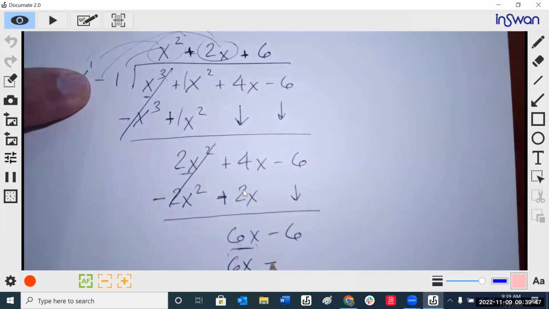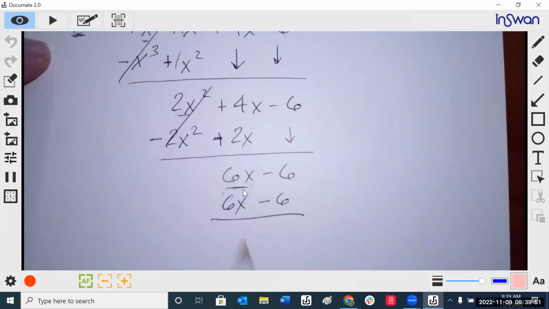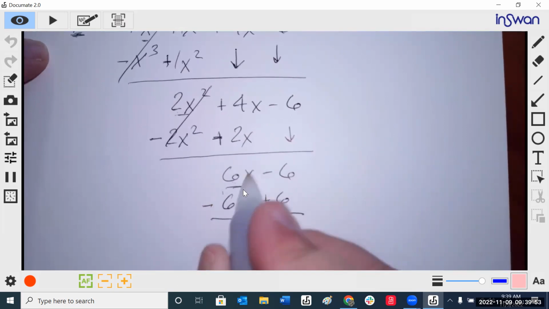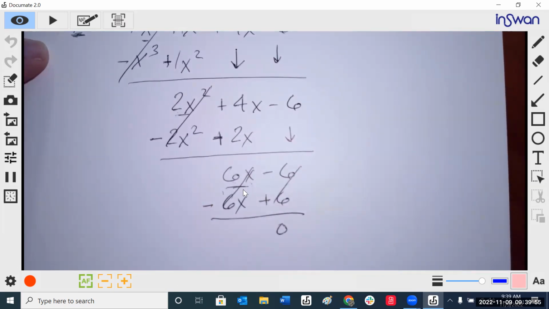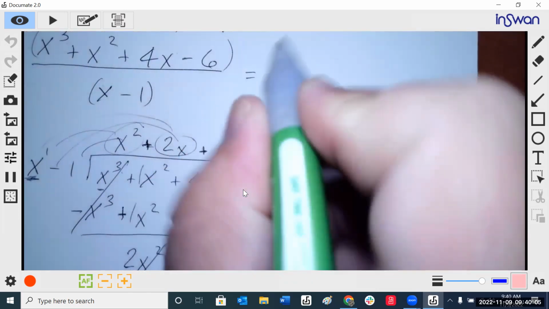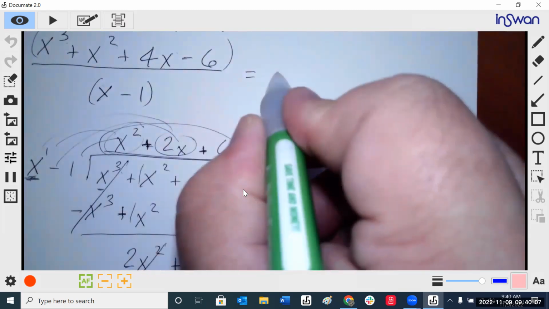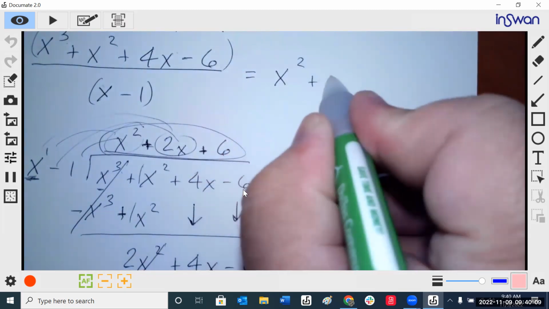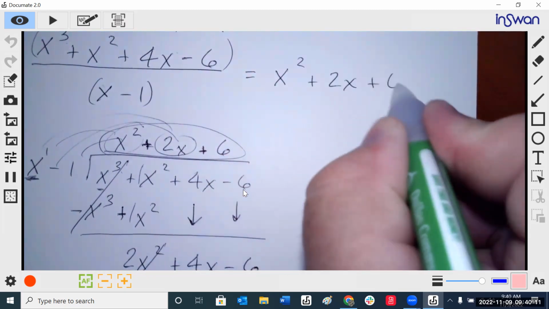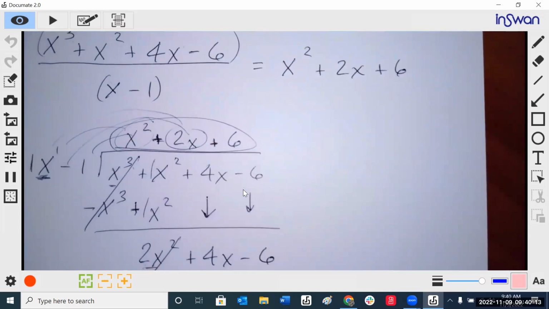Positive, negative is a negative. 6 times 1 is 6. Change the signs and add. So that means my answer is x squared plus 2x plus 6. That's my answer to that question.